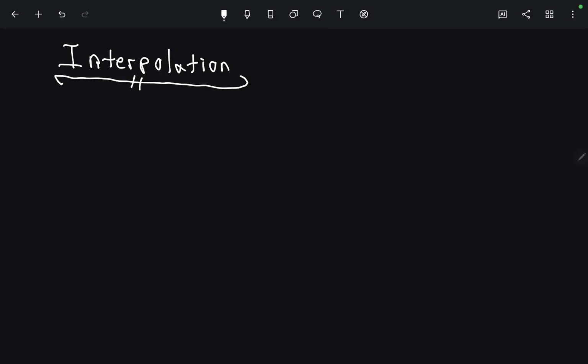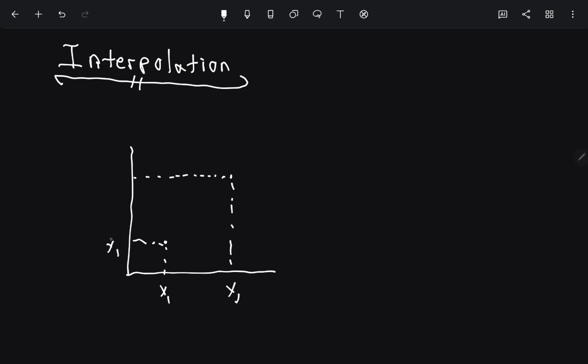Today we are going to learn how to do linear interpolation. So, what is interpolation? If we have two random variables, we have their x and their y, generally from a table of some sort. So we have x1, x2, y1, y2.